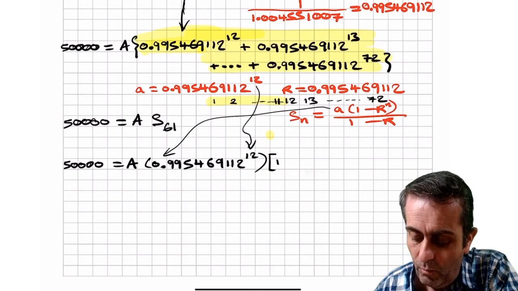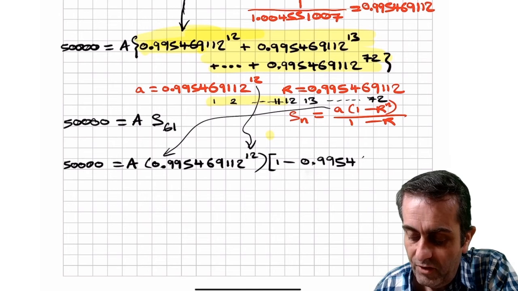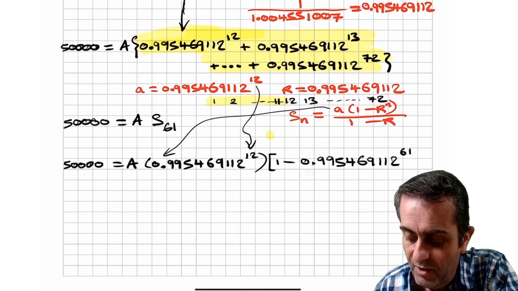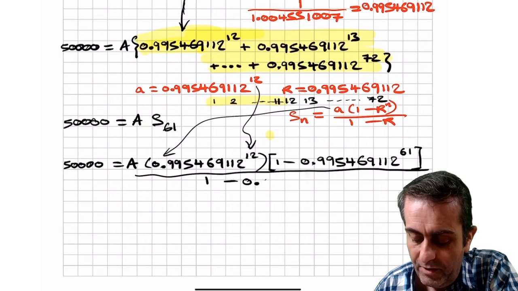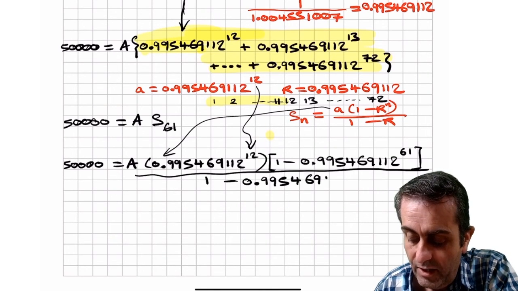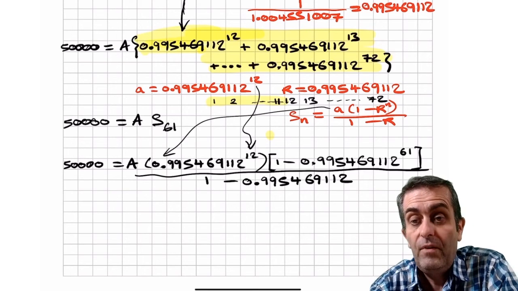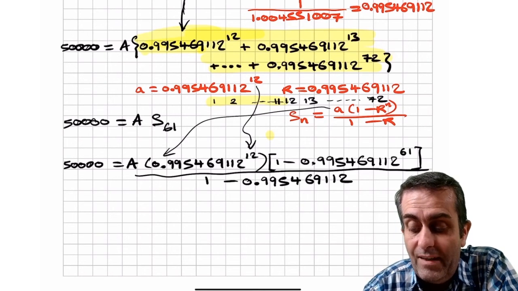Then that's multiplied by 1 minus r to the power of n. So that's 0.995469112 to the power of 61, divided by 1 minus 0.995469112, 1 minus capital R.